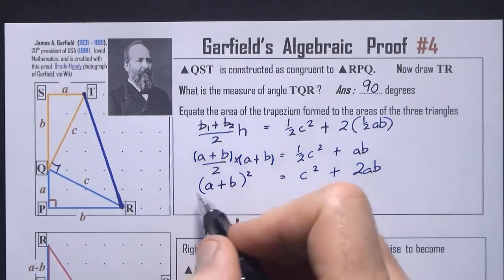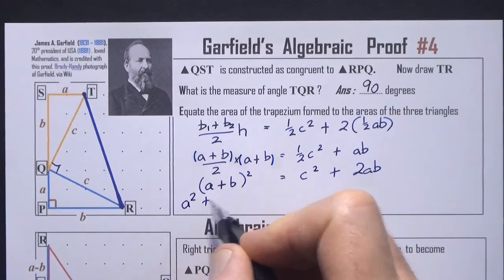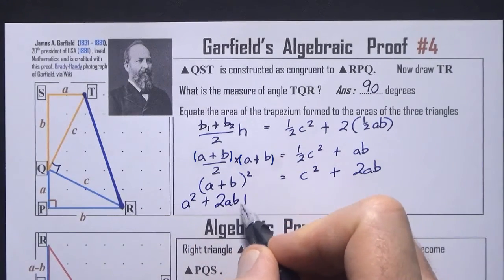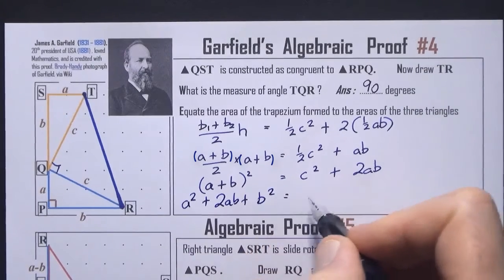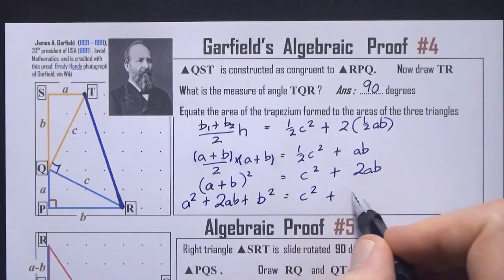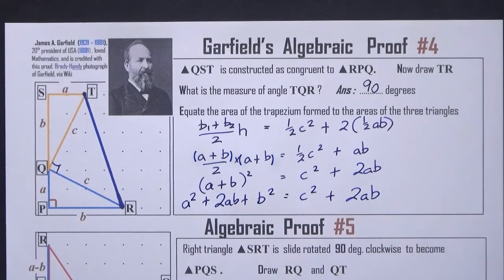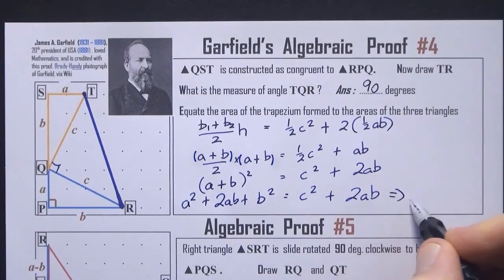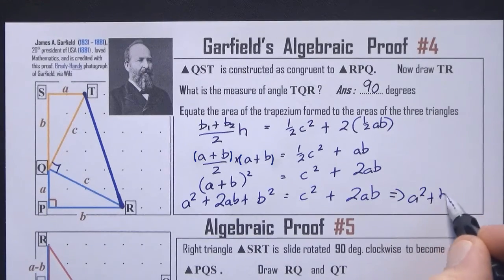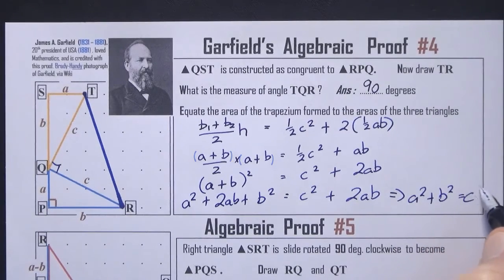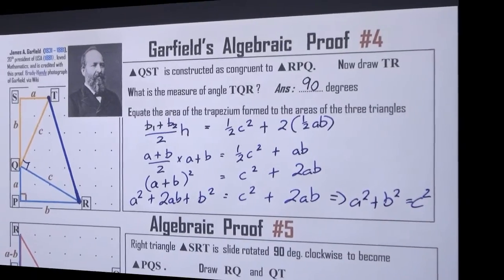A squared plus 2AB plus B squared equals C squared plus 2AB. The 2AB's go out, and we are left with A squared plus B squared equals C squared.